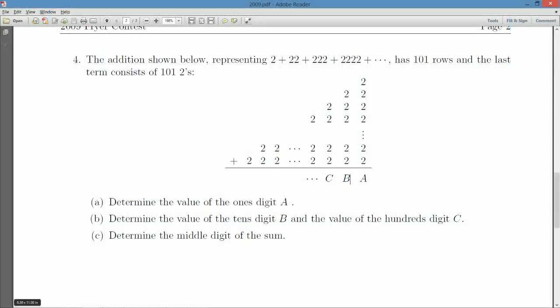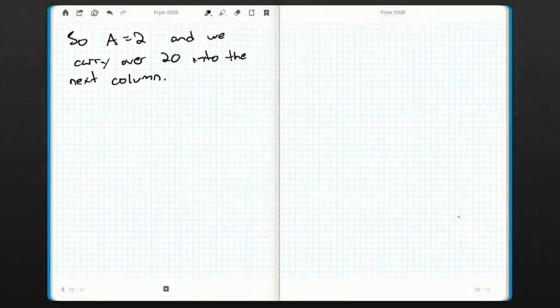So that's part A. B part, determine the value of the tens digit B and the value of the hundreds digit C. Okay, so we'll just continue on with our summation. We don't need to miss a beat. We can continue on as though we're still doing the same part of the problem. We'll just highlight the A equals 2.